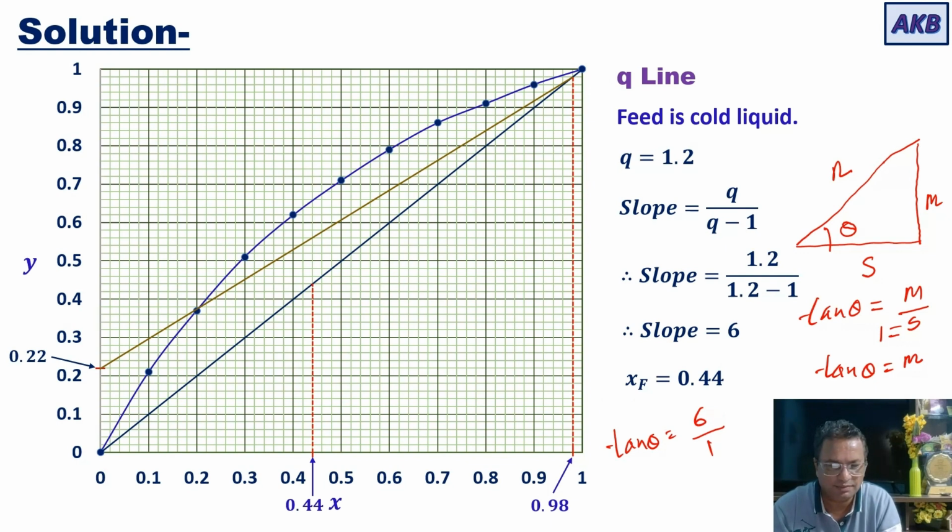So I can make this change. What change? I will divide by 2. Divide the numerator by 2 and then the denominator also by 2. So it will be 3 divided by 0.5. That means if I travel a horizontal distance equal to 0.5 unit, I will have to travel a distance equal to 3 units in the vertical direction.